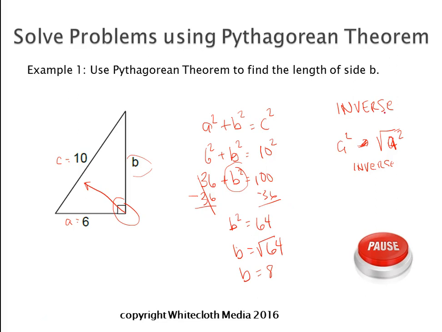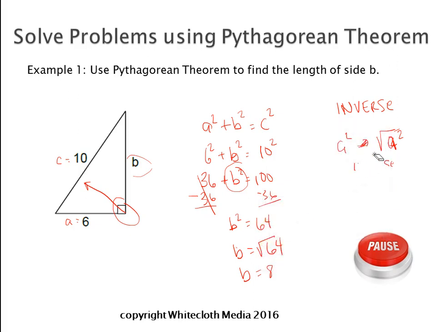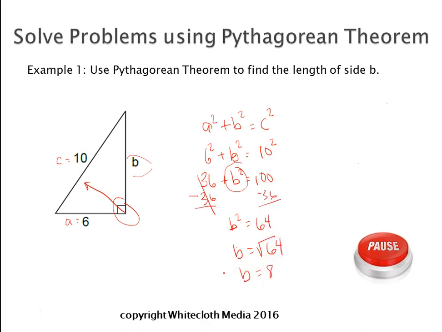Actually, that may have been a little confusing. Just know the inverse of a squared number is the square root of the number. All right, so my side length must be 8.